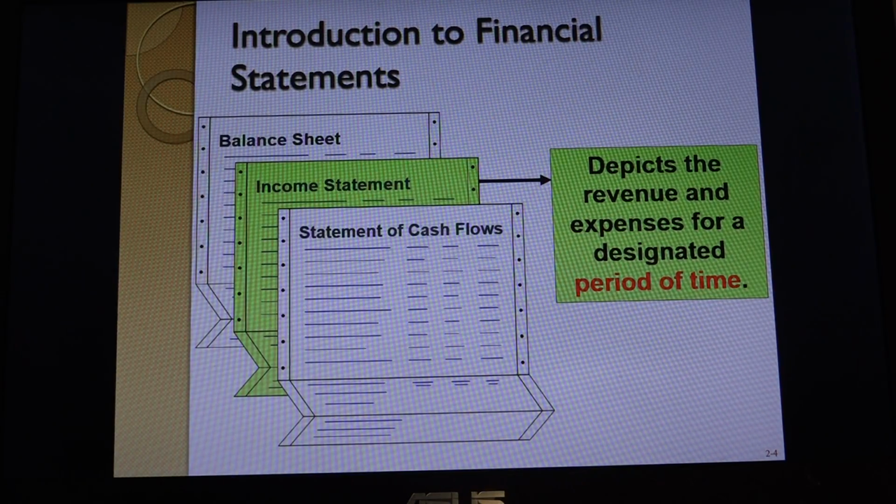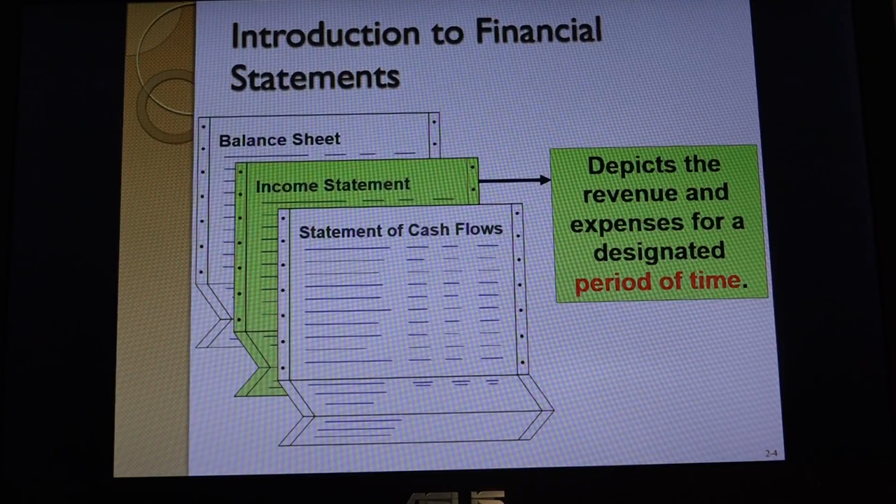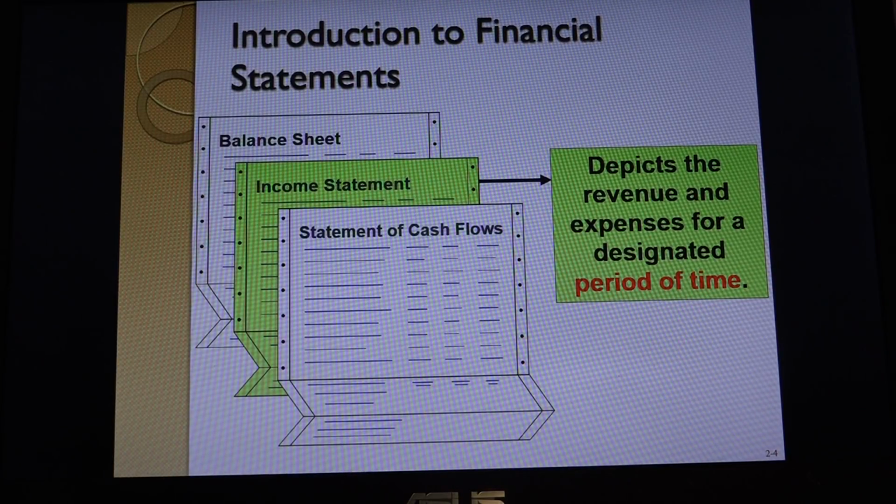And so we have an income statement for that. Let's say it's for a year's period that you're going to look at, and let's say that period of time runs from January 1 to December 31.